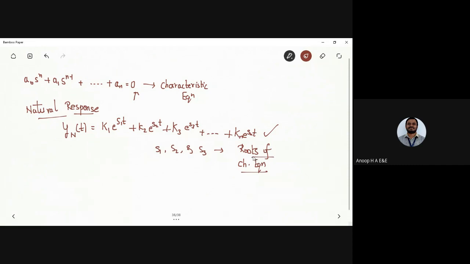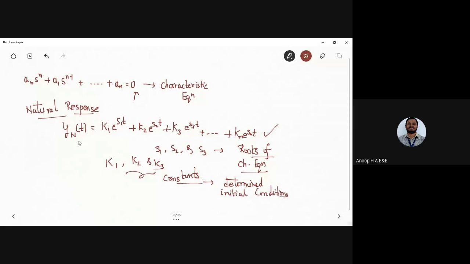Here k1, k2 and k3 are considered as constants, and they will be determined with the help of the initial conditions.